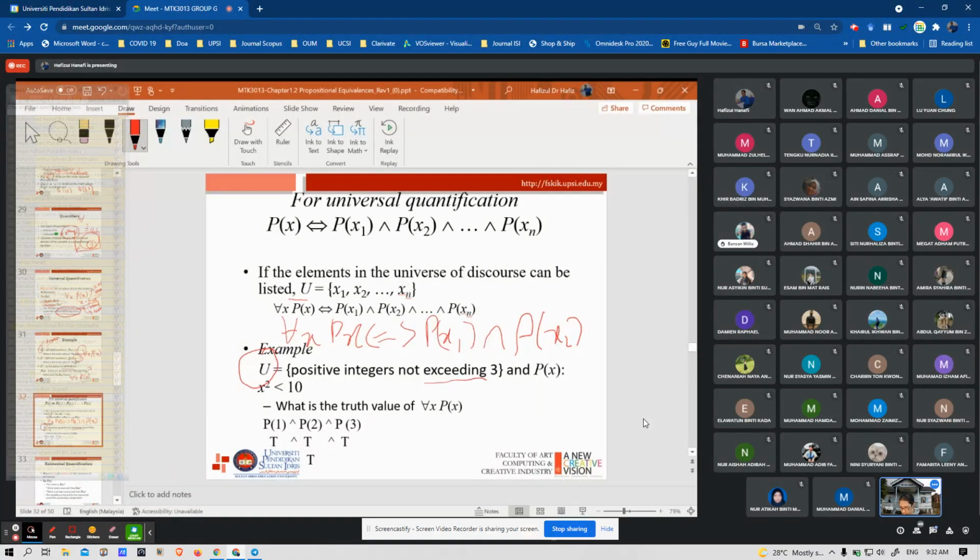Okay, what is the truth value of for all x P(x)? For example, we have 3, not exceeding 3. We have P(1) and P(2) and P(3). This one is true and true and true.